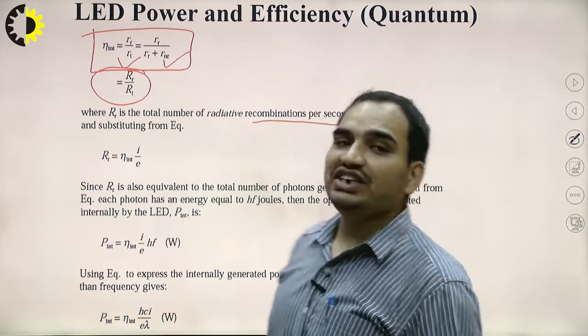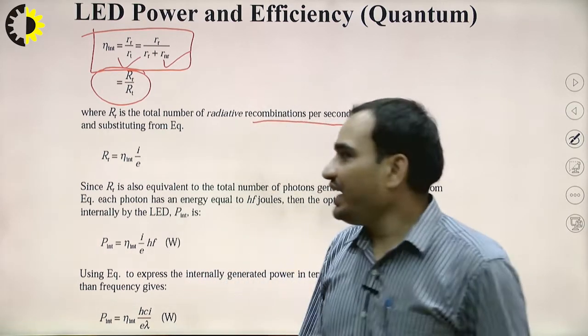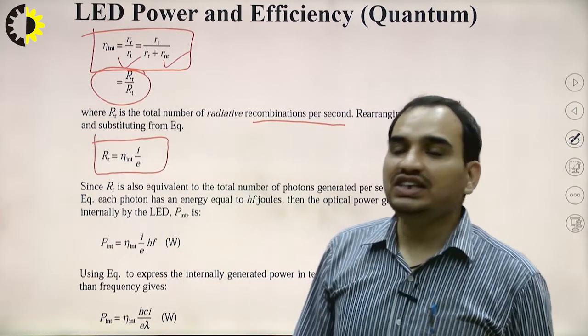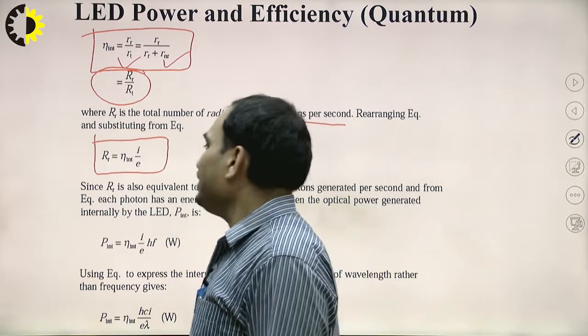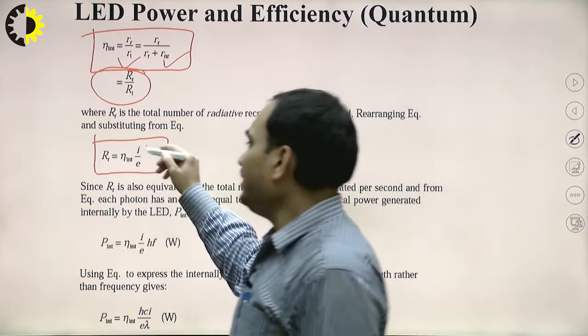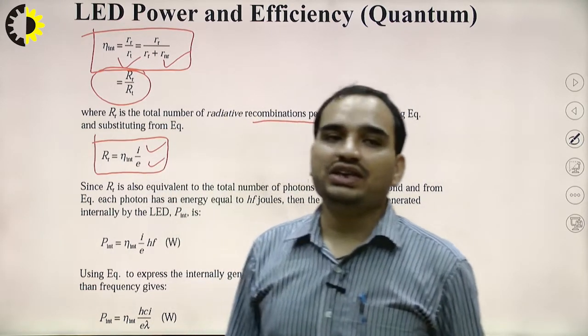Rearranging and substituting, we get the radiative recombination equal to the internal efficiency η multiplied by the current divided by the charge on the electron e.